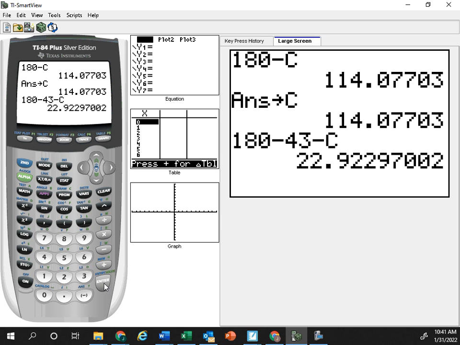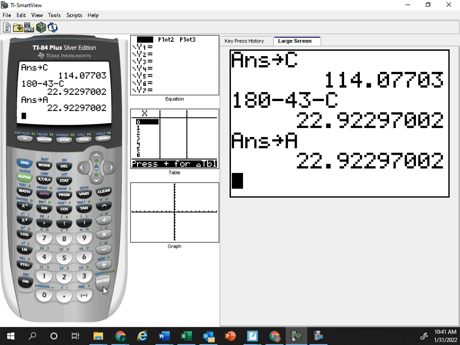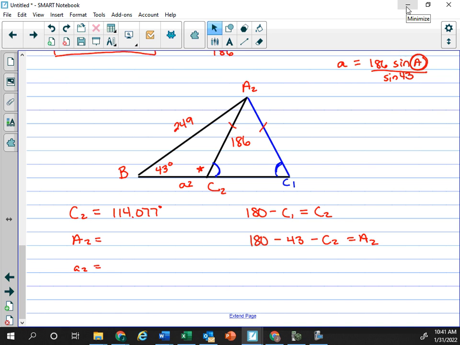What do I need to do with that? Store it. You're going to be really good at storing. Store it as A. Let me go jot it down. 22.923. How do I find little a?